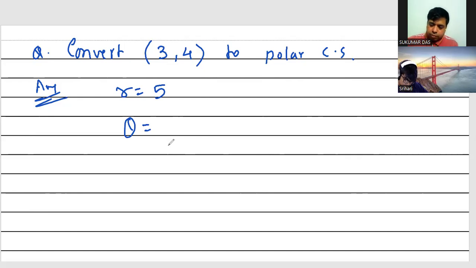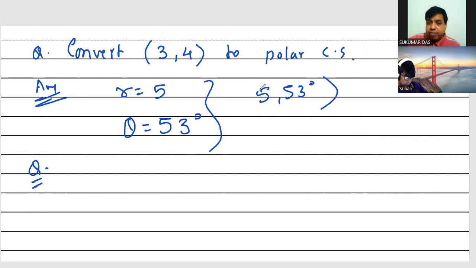Now you will get the correct answer because now it is in degrees. Yes, it's 53 degrees. Perfect, correct. So the polar coordinates are 5 comma 53 degrees.